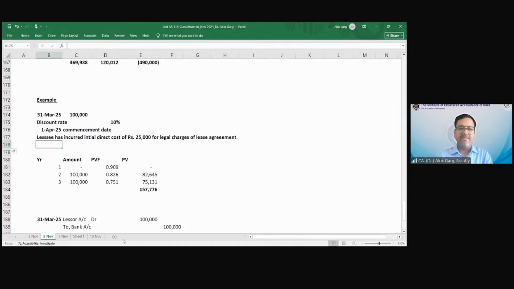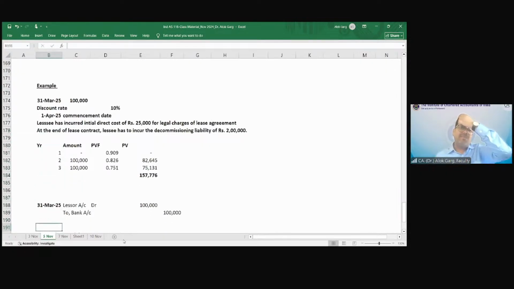Last item. The lessee, at the end of the lease contract, has to incur the decommissioning liability of rupees 2 lakh.